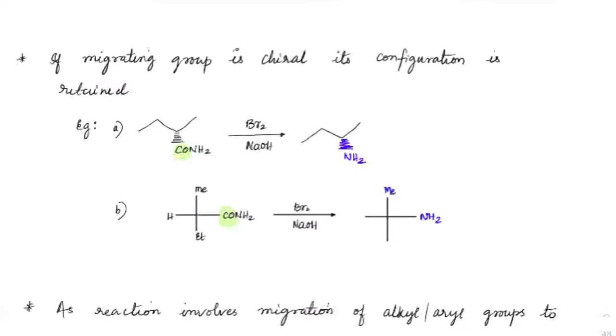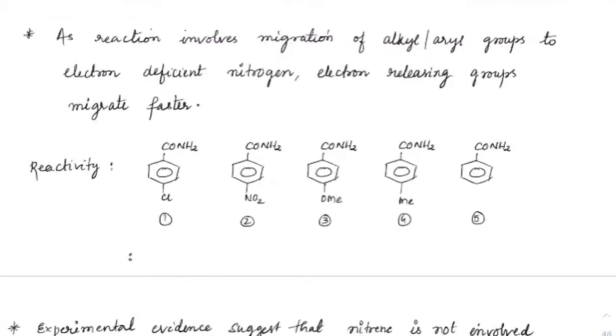Right. Okay. Next, in case if the migration involves any alkyl aryl groups, it depends upon whether they are electron deficient or electron releasing. So in case if you have electron deficient groups like nitrogen, their reactivity would be less. If we have electron releasing groups, their reactivity would be more.